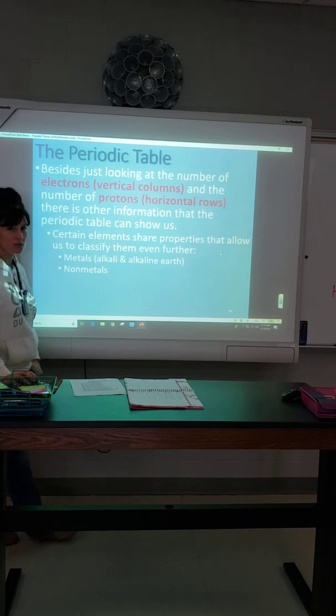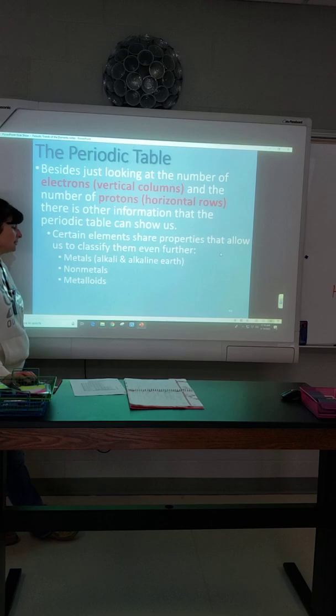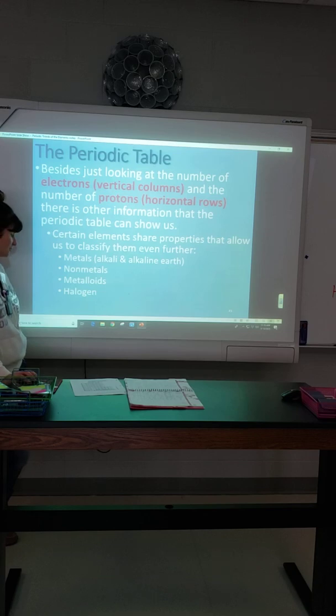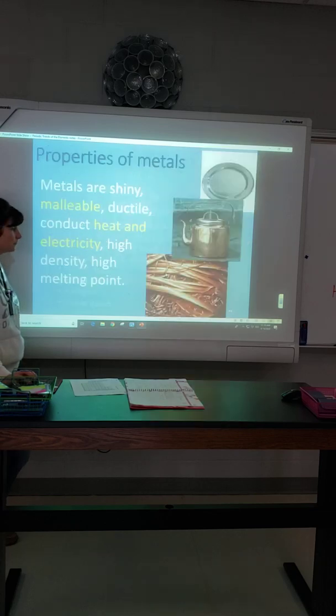The non-metals that are on the right-hand side of the table have similar properties, and then the metalloids are kind of that transition between the metals and the non-metals. Then we have a group called the halogens, and then I have already mentioned the noble gases. You're going to need to know these areas and where they would be found on the periodic table.